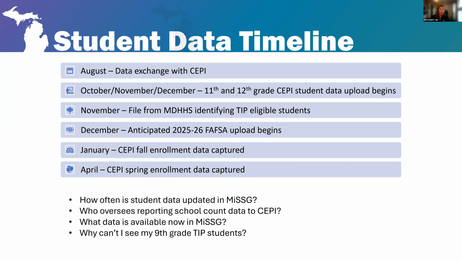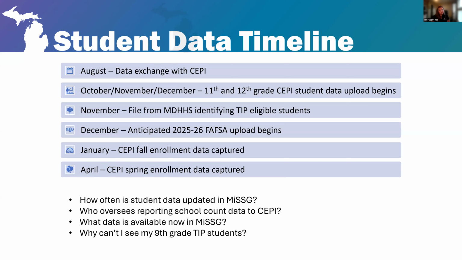So really, our hope is that this will all happen, fingers crossed, by December so that it can coincide with when FAFSA is released. So that's our hope. That's our goal. Of course, we don't know if we might encounter any hiccups along the way, but we'll cross those bridges when we get to it. But we wanted you to know this is coming, right?